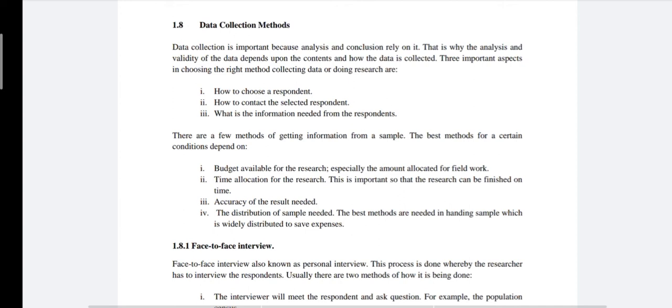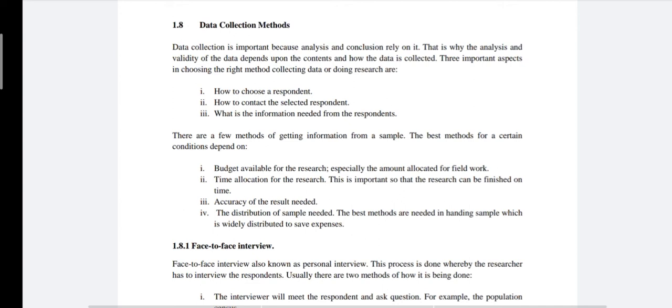Okay, kita ada beberapa method of data collection. Okay, the strongest one adalah face-to-face interview. Okay, face-to-face interview means that you pergi jumpa the respondent and you ask the question using the questionnaire provided. That is the face-to-face interview.